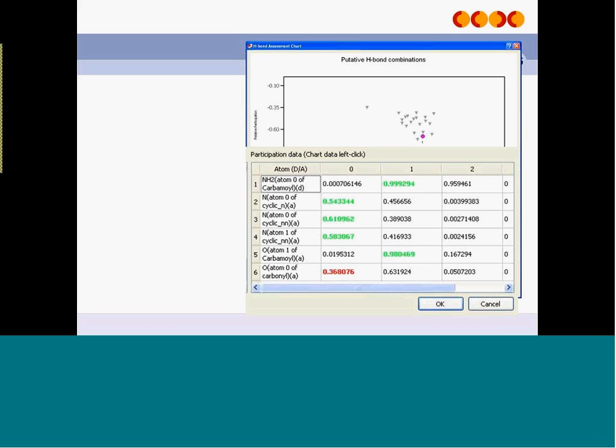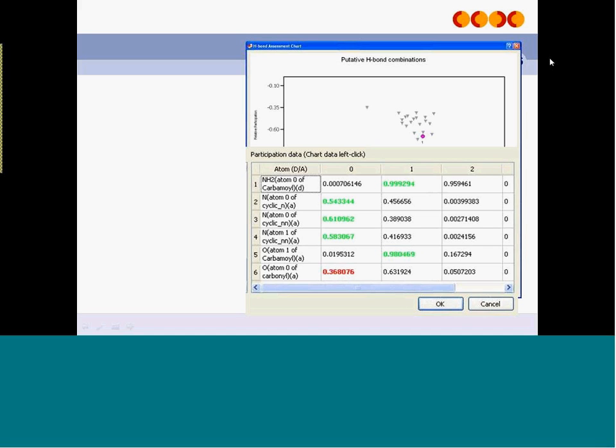So I'm just going to focus in here on other data that's given to you through this tool. This is really the participation data. So this is showing you which hydrogen bonds are present in the structure that's indicated by the triangle or spot, and how the functional groups are participating.